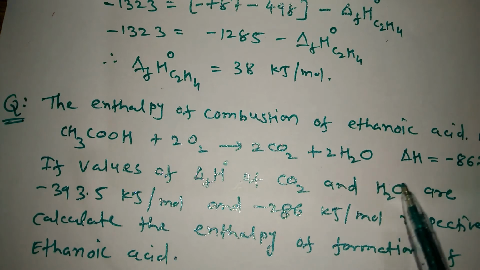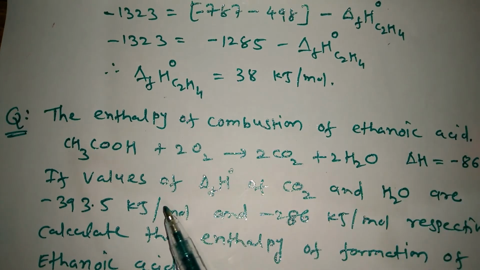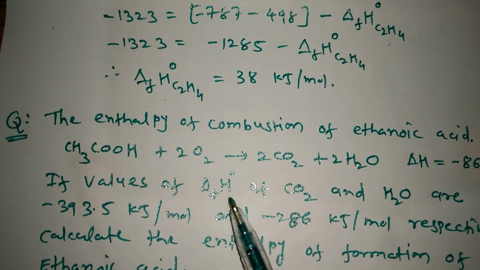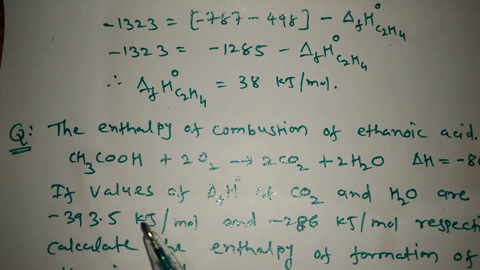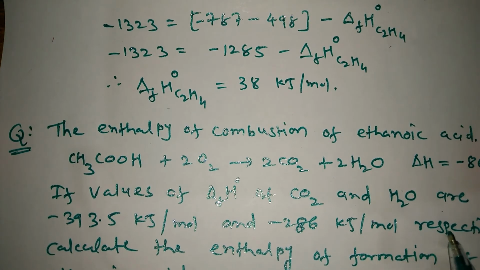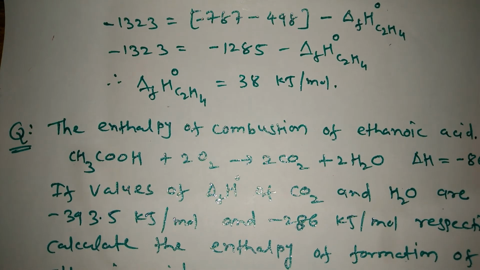Delta H is equal to minus 286 kilojoule per mole. If the values of delta f H of CO2 and H2O are minus 393 kilojoule per mole and minus 286 kilojoule per mole respectively, calculate the enthalpy of formation of ethanoic acid.